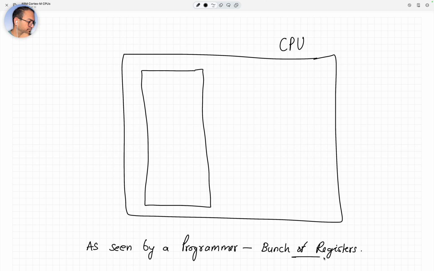That's all. And this is the key idea. If there is anything that you can take from this video or you'd like to remember, it would be this. A programmer's model is a bunch of registers, right?